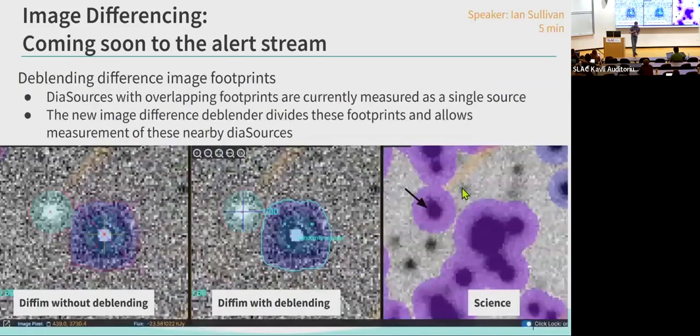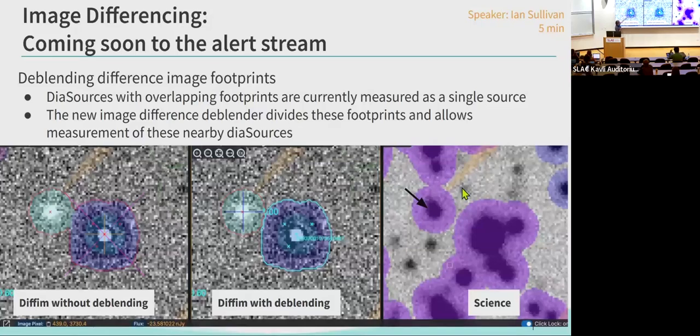A final feature that I want to talk about in image differencing is an issue that exists in DP2. What I'm showing here is the prototype, which will be in the stack by the time we are back on sky. So this is coming soon to the alert stream: image difference deblending. Showing here an example case where we would have previously had two sources close together, one a subtraction artifact, here a variable star that was negative in the difference image because it was dimmer than in the template.